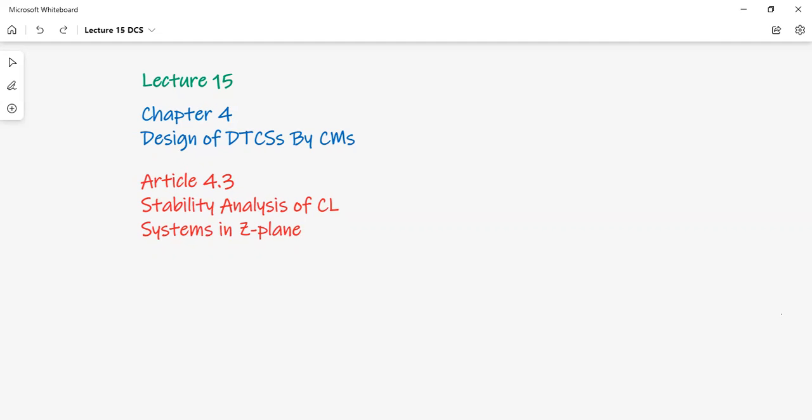From classical control, we know that stability is determined by the Routh-Hurwitz criterion, and we form the Routh table. Analyzing the Routh table, basically the number of sign changes, we find out the stability of the classical control system.